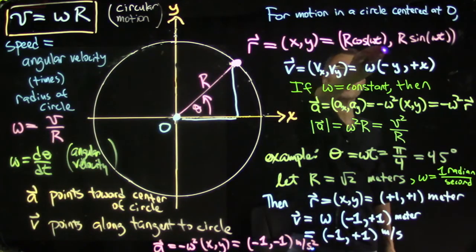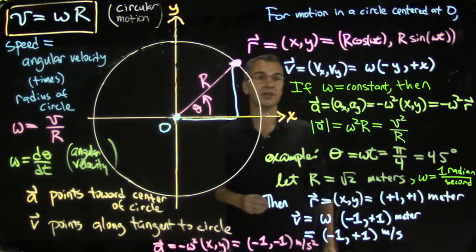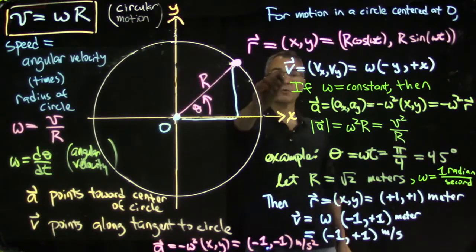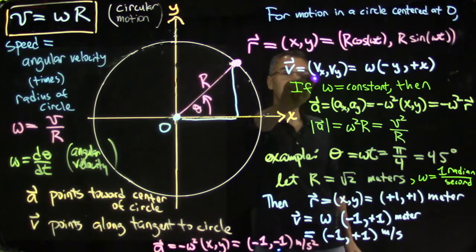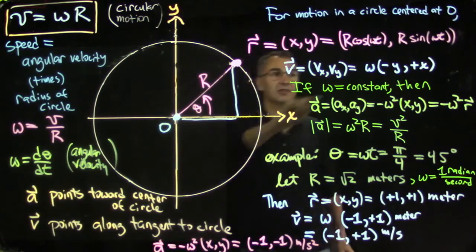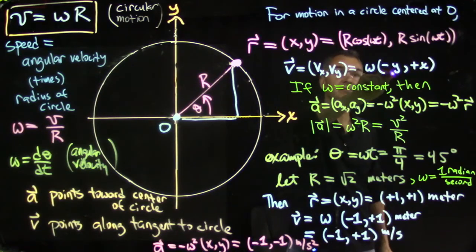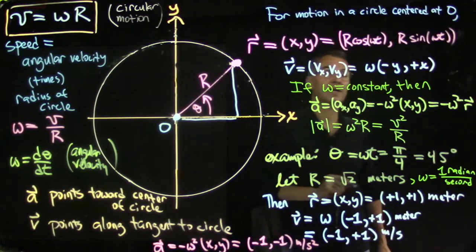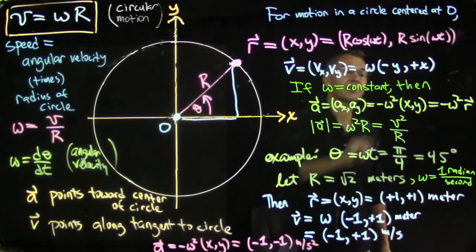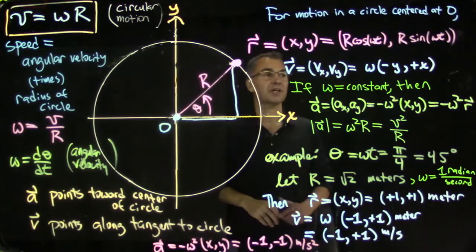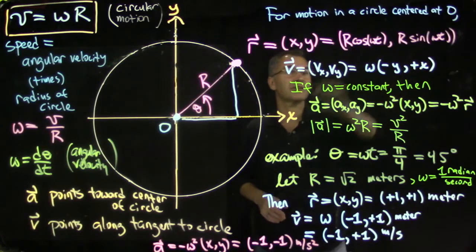So the x component of the r vector is big R cosine omega t, and the y component is big R sine omega t. And we worked out a moment ago that the velocity vector, whose components are velocity in the x direction and velocity in the y direction, has an x component of minus omega times y, and a y component of plus omega times x. We worked that out using the cosine and sine stuff.